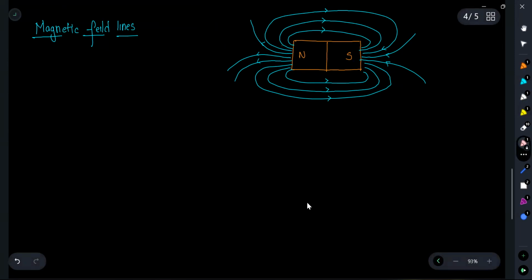Let's just write the definition of magnetic field first.